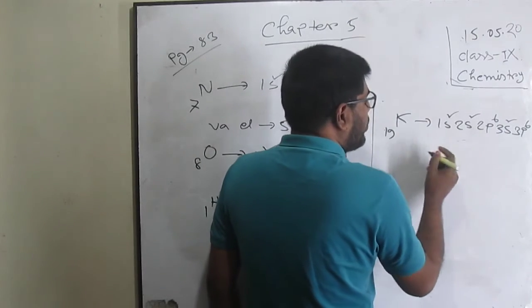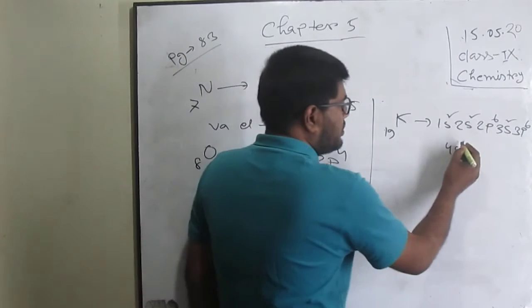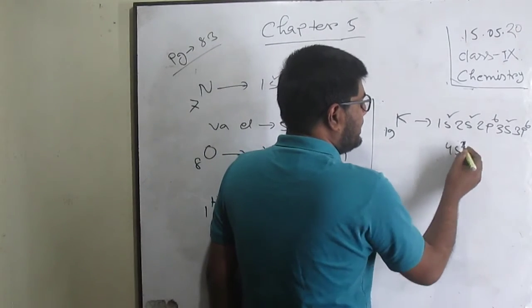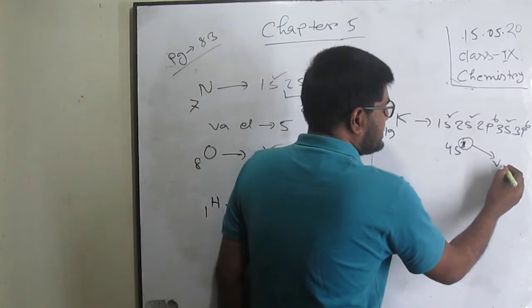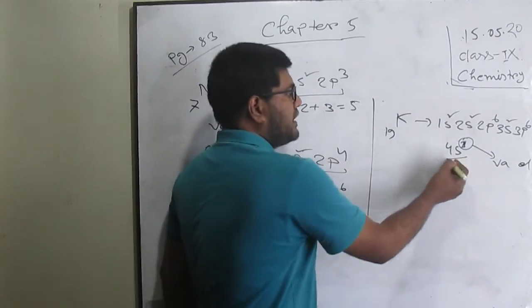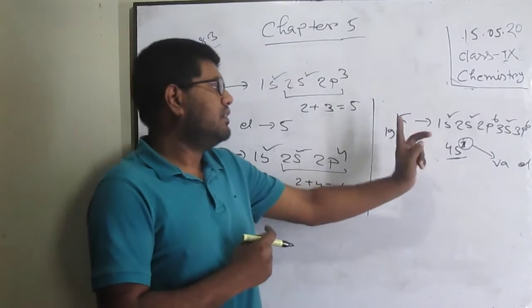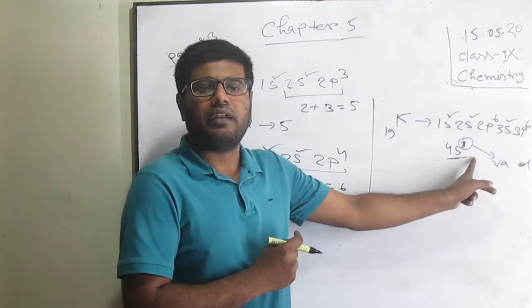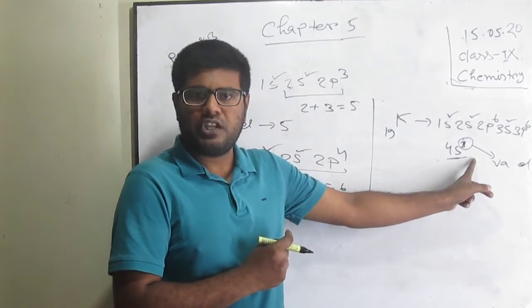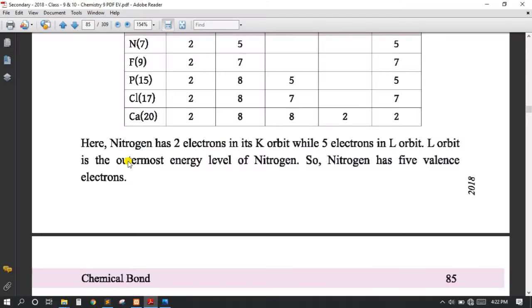So we have just one electron in its 4s energy level. That's why this electron is its valence electron. In its outermost energy level there is only 1 electron. That's why its valence electron is 1. Okay, no problem. Inshallah we will discuss it in future.